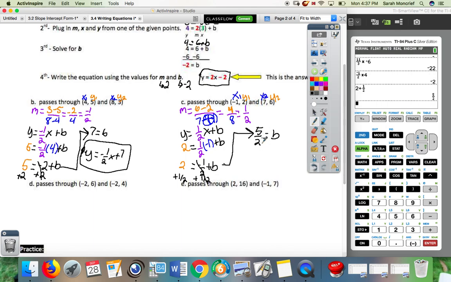So now that we have my b and my m, we can just plug them in. So we have y is equal to 1/2 x plus 5 over 2.